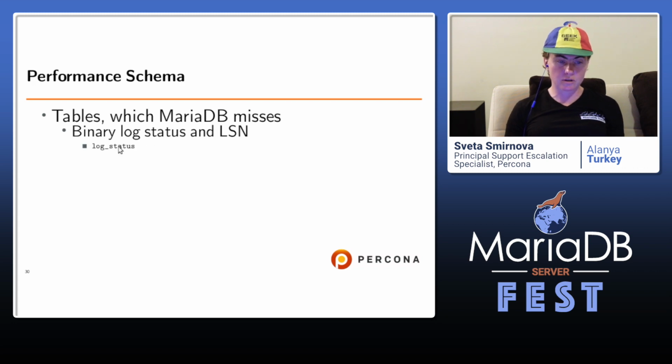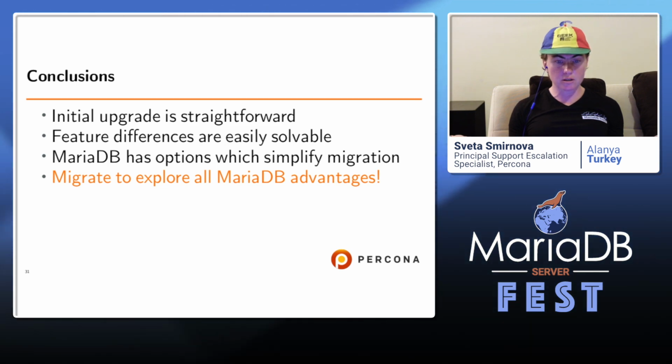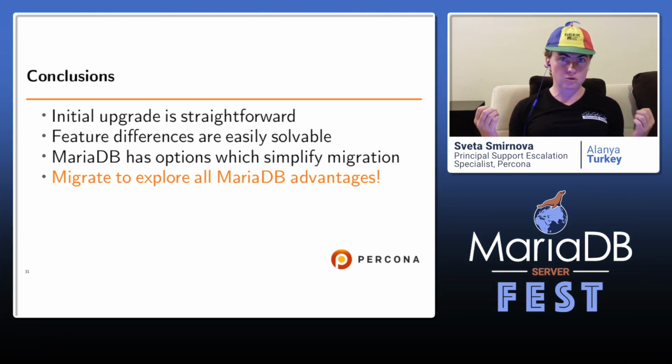So, a conclusion. The initial upgrade is straightforward. Just take the data directory, unless you're using MySQL 8.0, point the MariaDB server there, run mariadb-upgrade, and you are done. Feature differences are mostly easily solvable. You either change the SQL syntax a little, or maybe adjust your application a bit, but it's very easy.